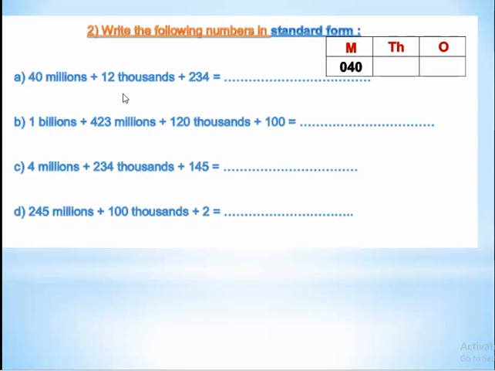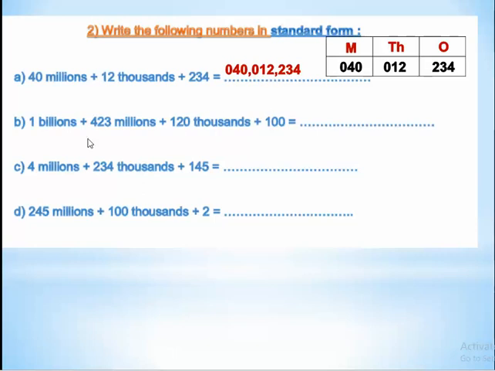We will write 40, and here we have 12,000 and we don't have 100,000, so we will replace 100,000 with 0, so we will put 0 and 12. Here 234, and let's write the digits beside each other, so it will be 40,012,234.